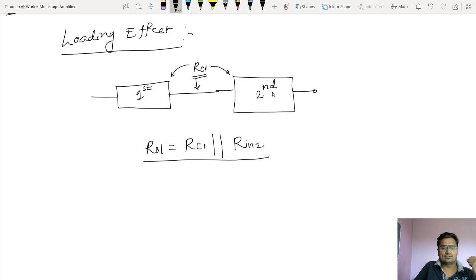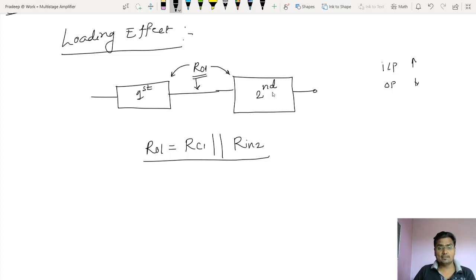It has two roles: one is the input impedance to the second stage, another is the output impedance of the first stage. Now see, for every amplifier, one thing is known: input impedance must be very high and output impedance should be very low. Then only we call it a good amplifier.